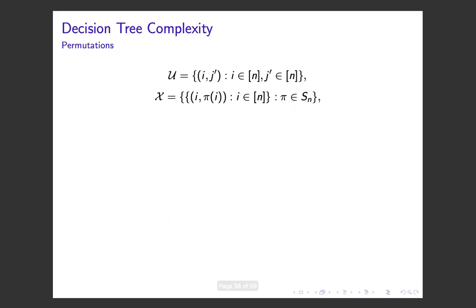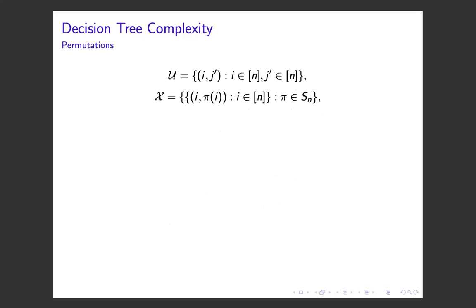Now let's do the same for permutations. For permutations, it's instructive to think of them as bipartite matchings of a complete graph. Here for my universe, the ticked symbols represent elements on the right partition, and the unticked symbols represent elements on the left partition.